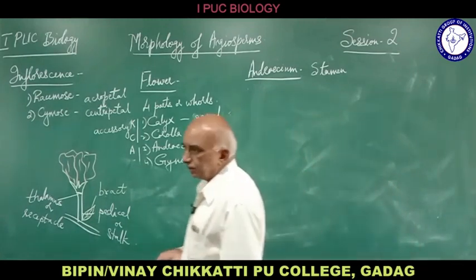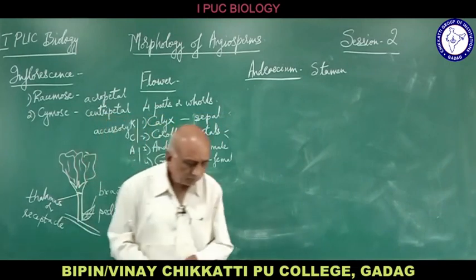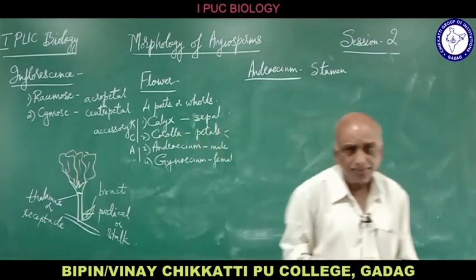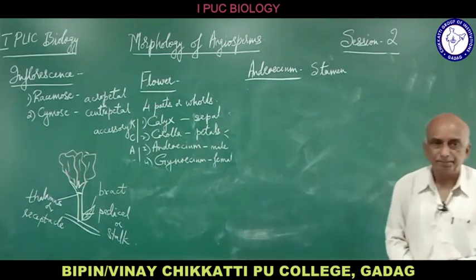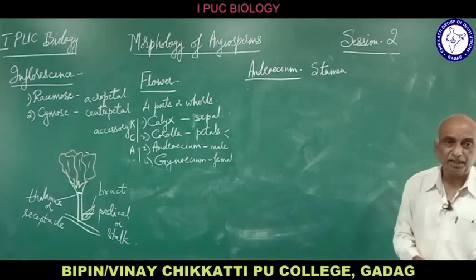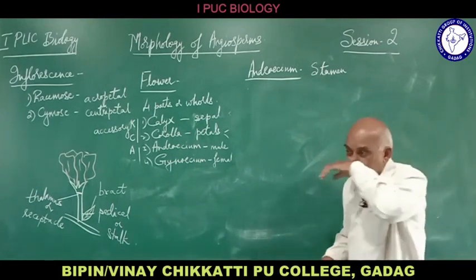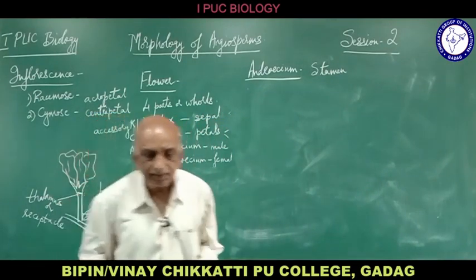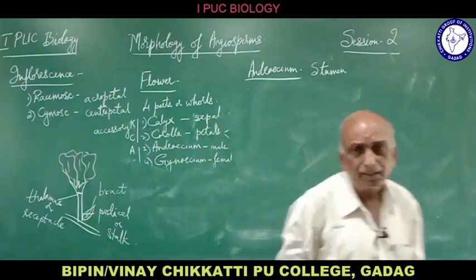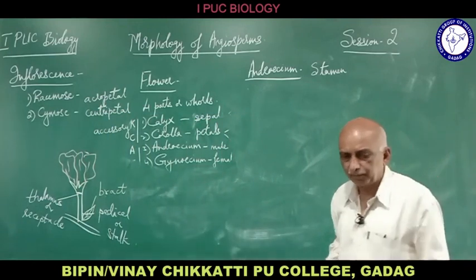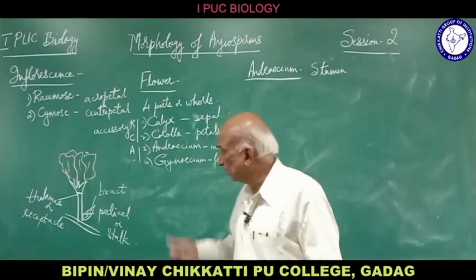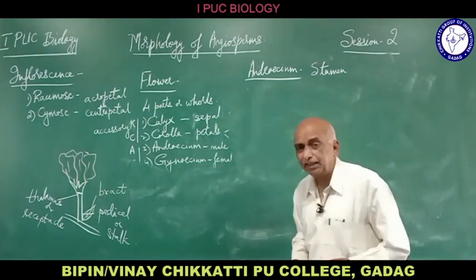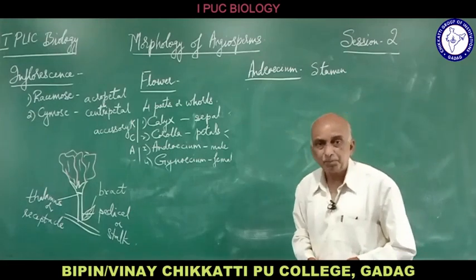Corolla, which usually consists of the petals, is brightly colored. Suppose when it is not brightly colored, it is small and not conspicuous, then it has a particular kind of fragrance, and it will attract the insects for pollination.